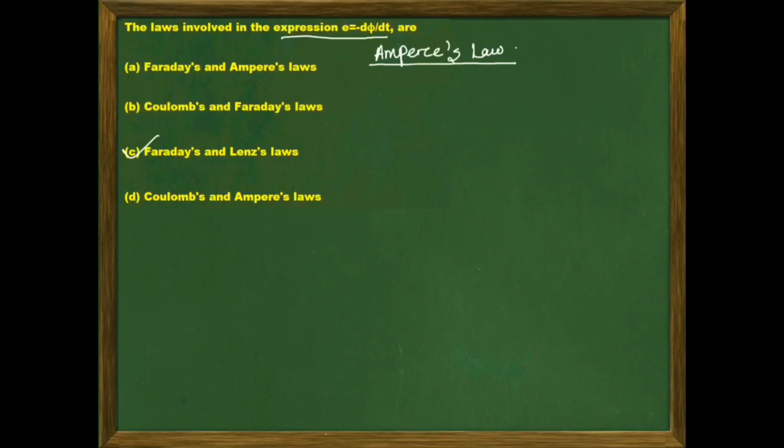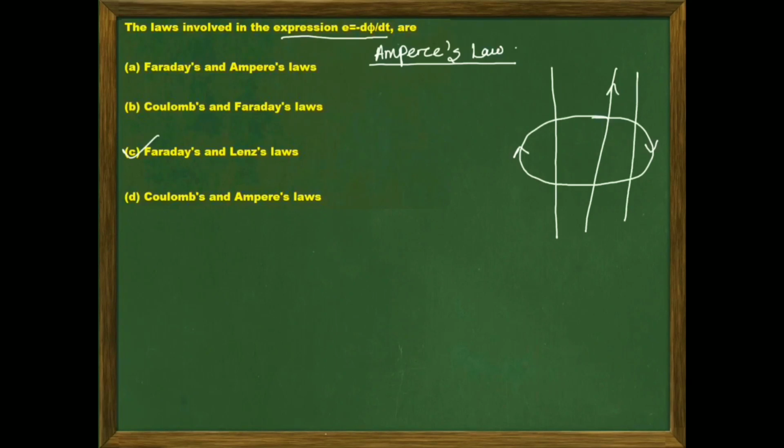Suppose let's consider there is a closed path like this, and this is the direction of this path, and there are three conductors like this, and let this conductor carry a current I1, this one a current I3, and this conductor I2. Let's assume this.